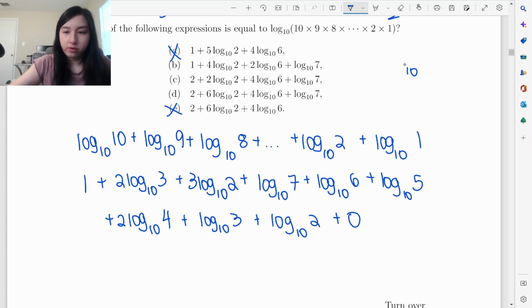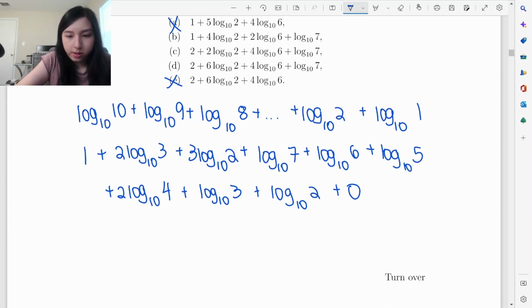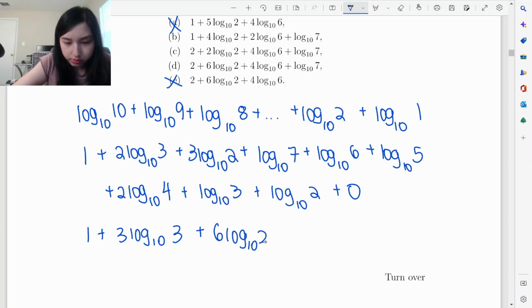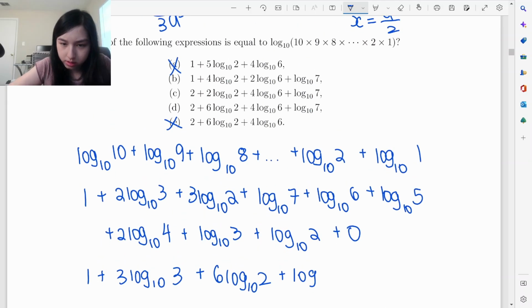Okay, so we just have to combine all the like terms. 1 plus log 10 3 and so on, that's 3 log 10 3 so far, plus 6 log 10 2, and then plus log 10 7 plus log 10 6 plus log 10 5.